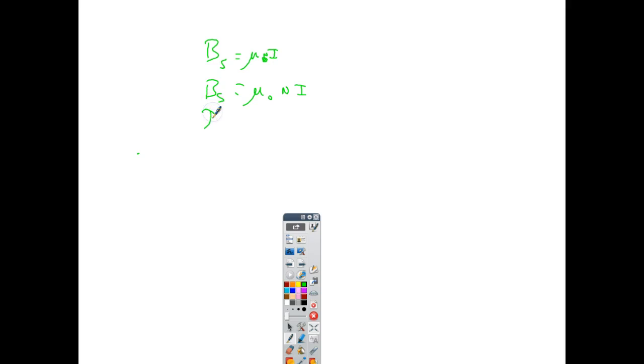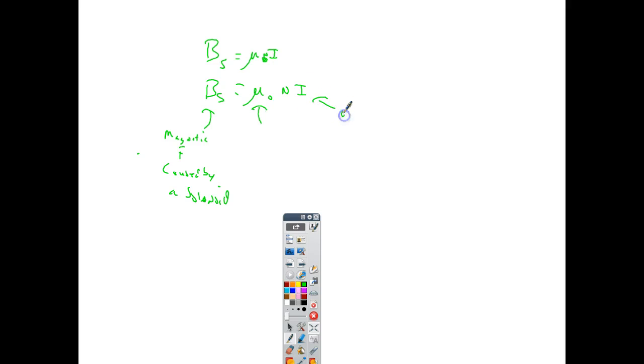This is the magnetic field caused by a solenoid. And a solenoid, by the way, is just a coil. That's all it is, a metal coil. Mu naught is our friend, the magnetic permeability of free space.